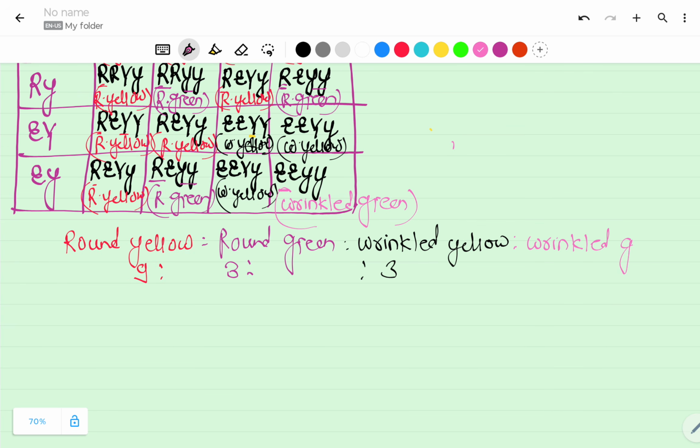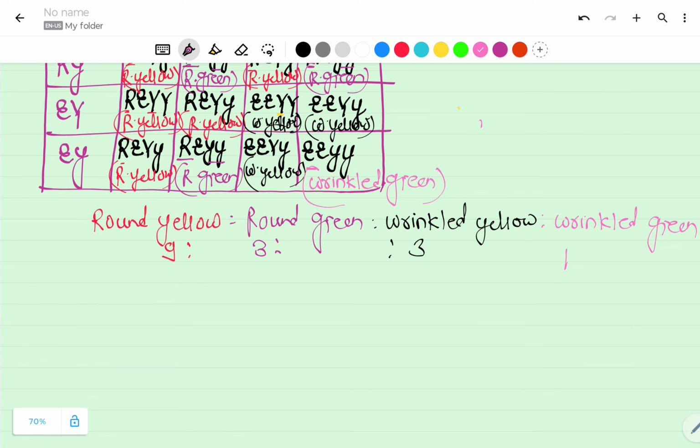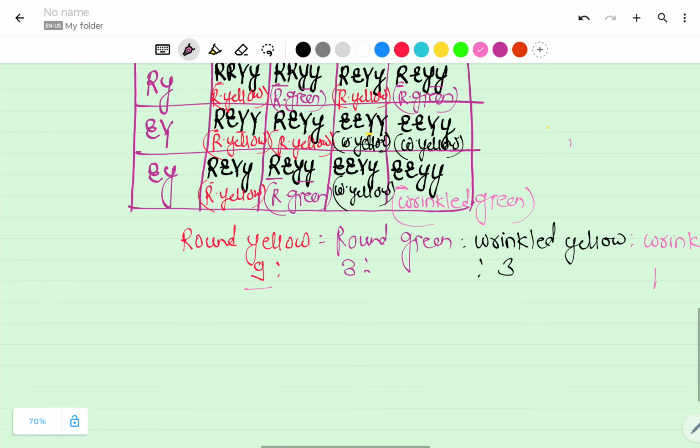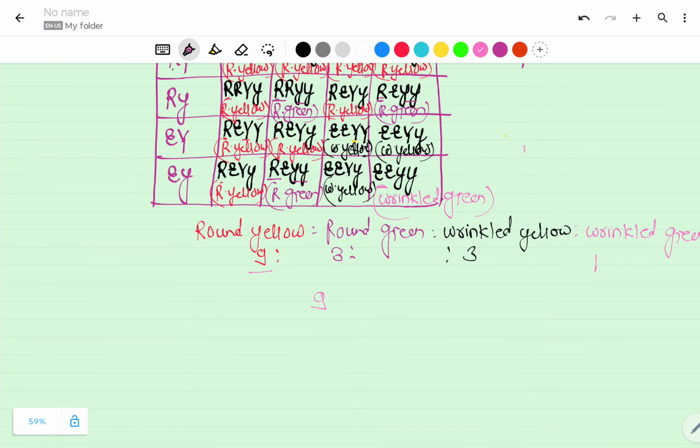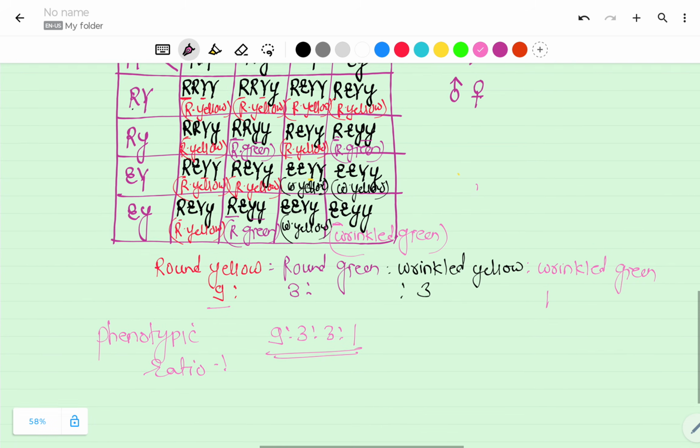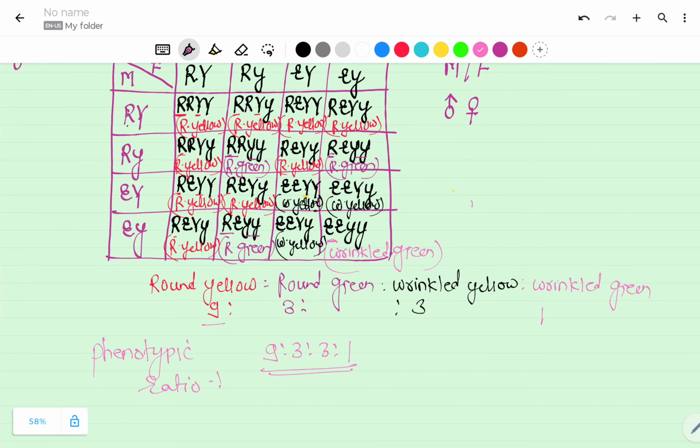Wrinkled green, 1. So what ratio did we prepare? That is 9:3:3:1, the phenotypic ratio of a dihybrid cross. Okay, so this is all about Mendel's second law of dihybrid cross. Thank you.